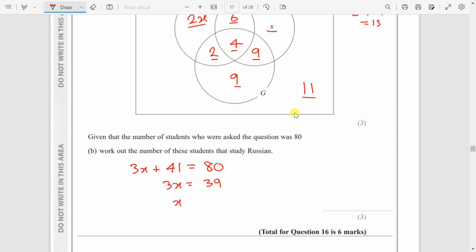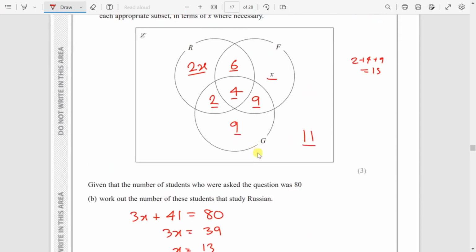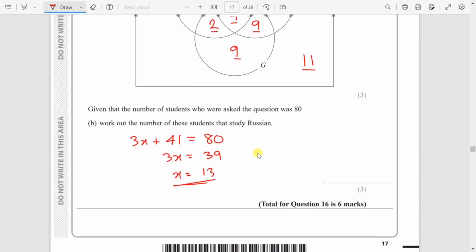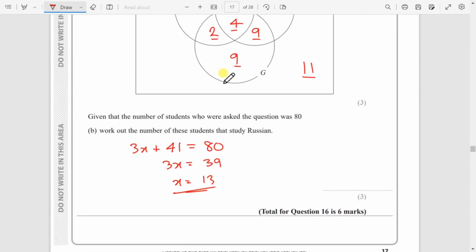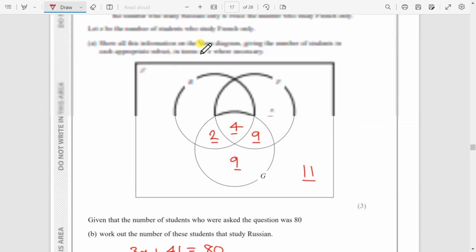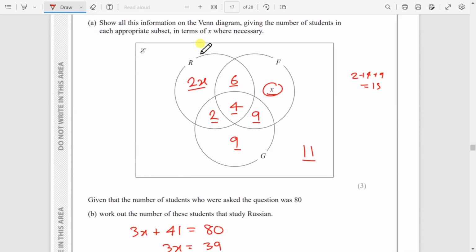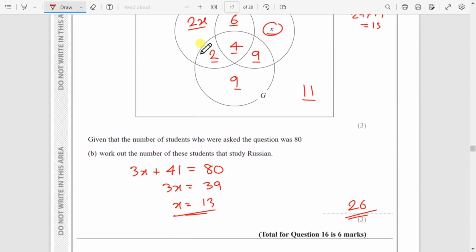So x would be 13 if you divide it by 3. So if x is 13, that means 2x would be 2 times 13. Whatever you do, guys, please do not update these terms. You might lose your marks. So 2 times 13 would be 26. That's the number of people who study Russian. Oh no, wait. That's a mistake. That does not make sense. My bad, guys.